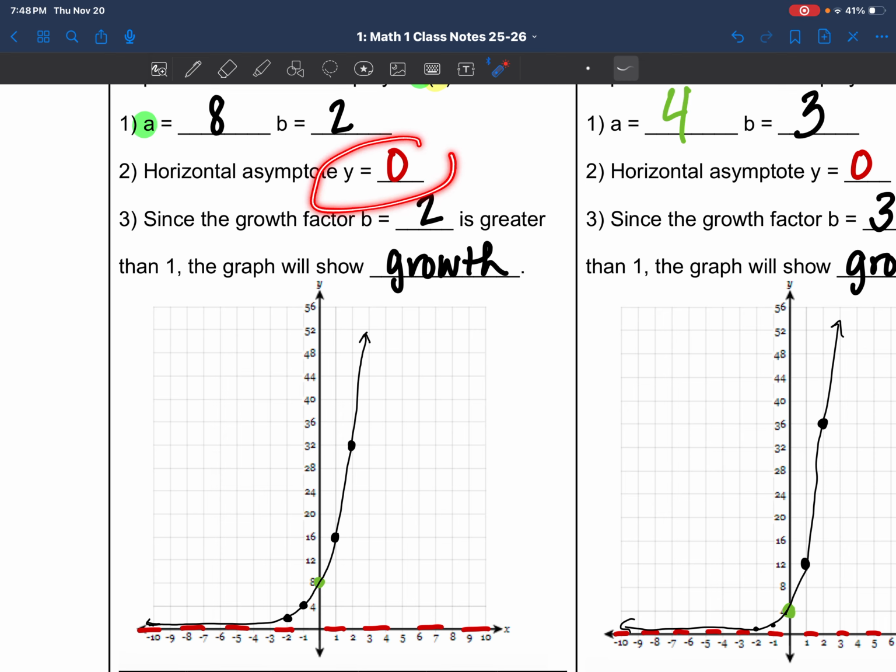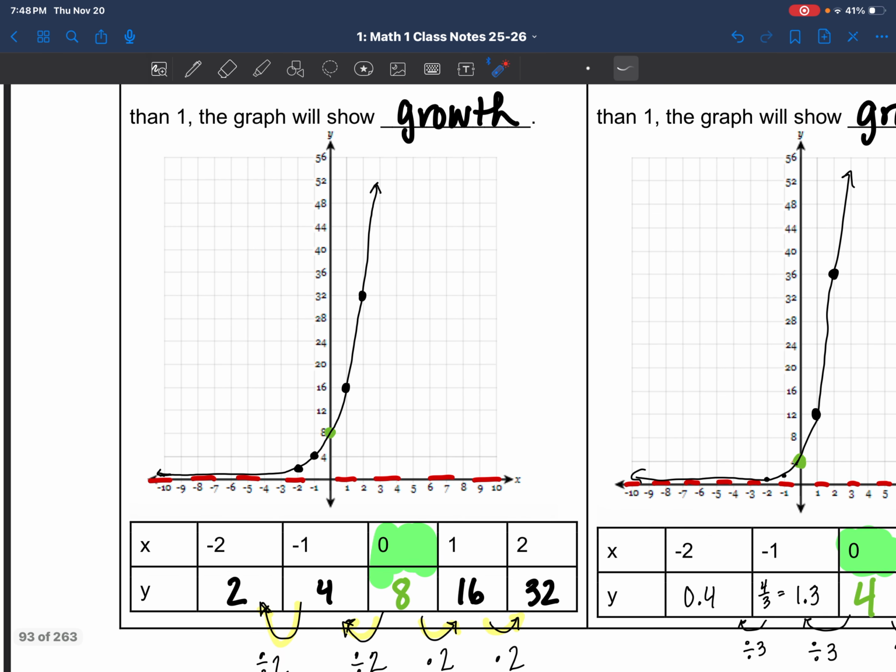This is your horizontal asymptote, y equals 0, and this is where your curve is going to get super close, but never cross. So first I graphed my horizontal asymptote. Now I'm going to plot my y-intercept, which is 8, and now we have to figure out the points to go from there. So I made a table.